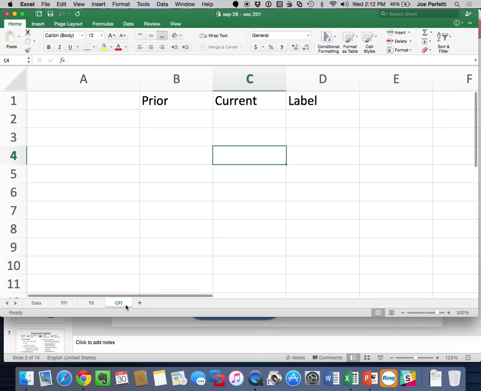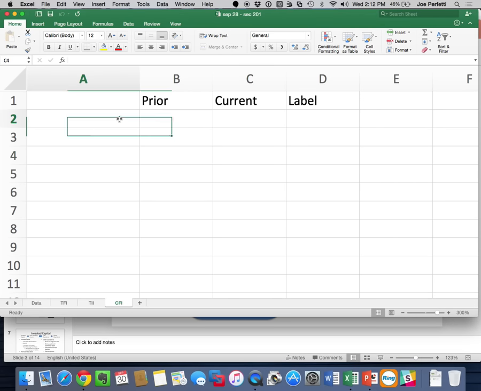So we create a tab called CFI, same periods, prior, current, and then the label, and then we'll start bringing things over. Your readings in the book for this week talked about free cash flow as the operating cash flow, and defined it as gross cash flow minus gross investment, and they defined gross cash flow as NOPLAT plus depreciation. So that's the first thing we'll do.